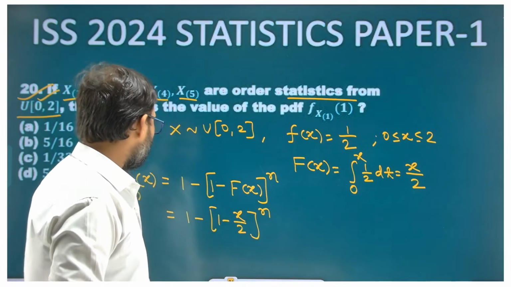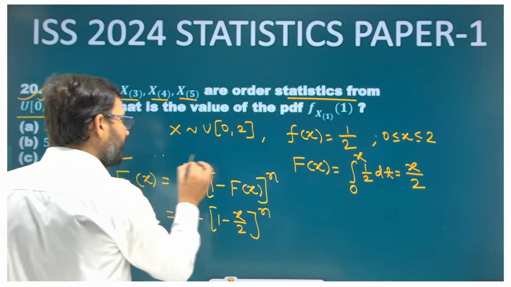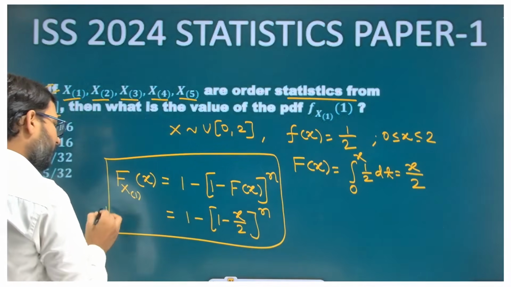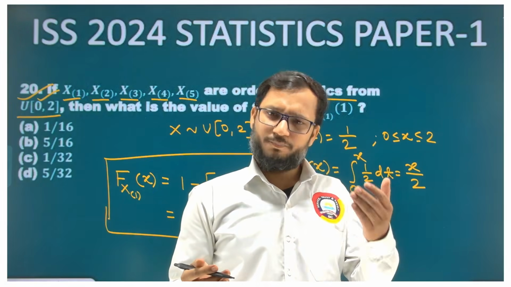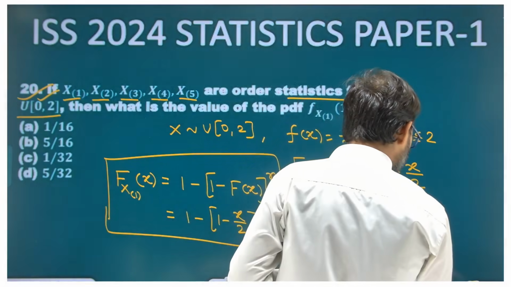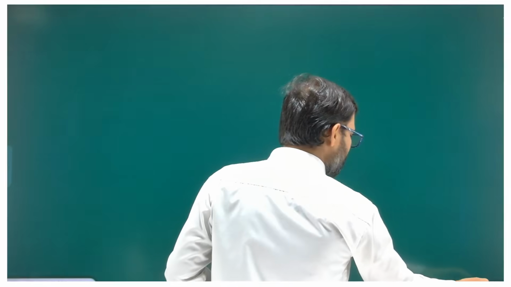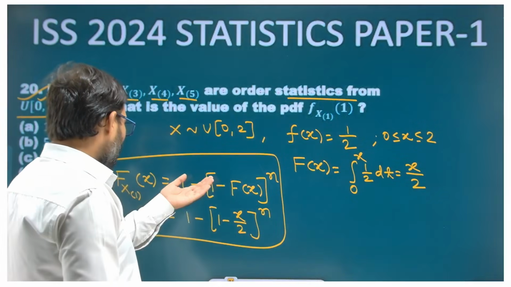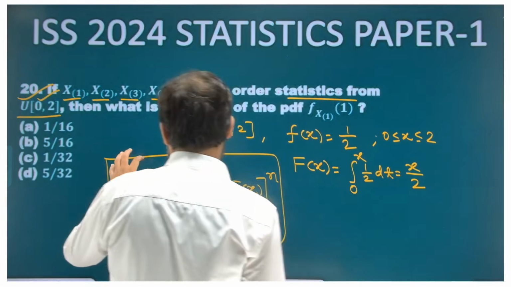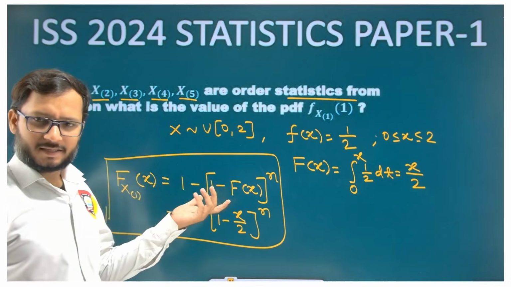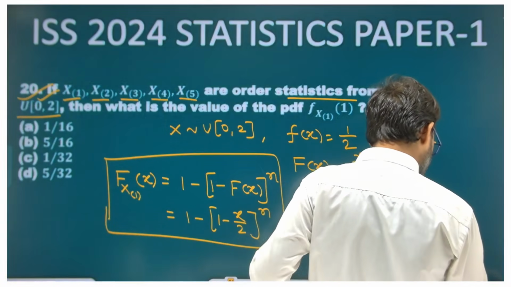But now see here, we do not have to find the CDF, we have to find the PDF. So this I have done just for you, to let you understand that this is also one extra dimension through which you can think. Because this is easy to do, that's why I have used it here. Now I will differentiate it with respect to x to get the PDF, though it can be found without differentiating as well.